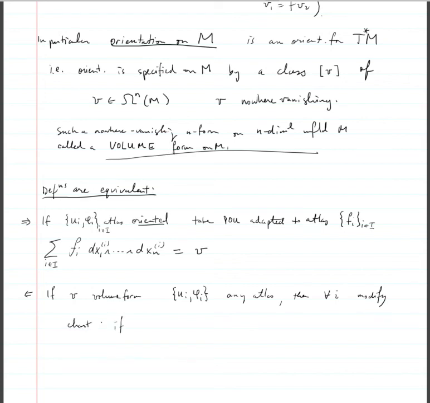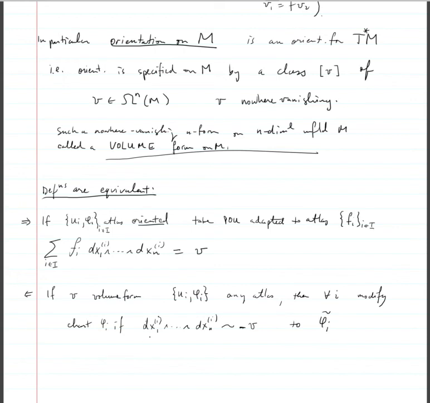If the standard volume form dx1 up to dxn is not equivalent to V, if it's equivalent to minus V instead, then we modify the chart to phi i tilde.